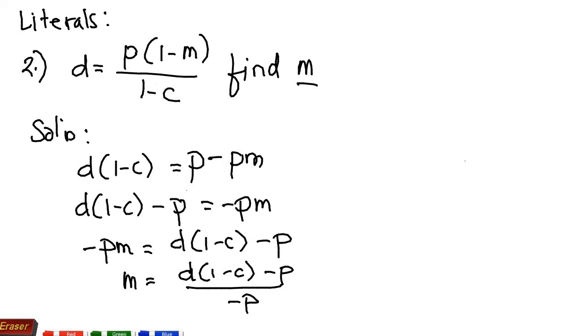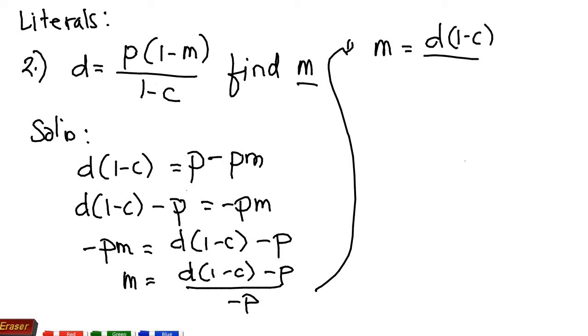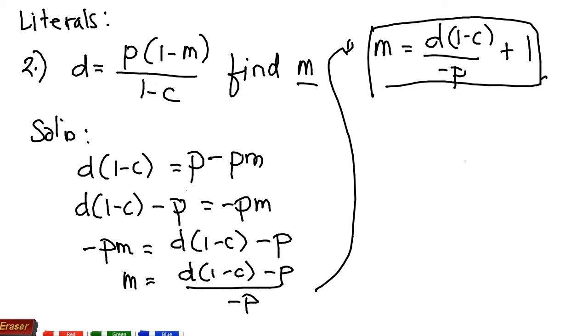If your answer is like this, then that will be accepted, or you can have it simplified this way. So m therefore is equal to d, then you have 1 minus c all over negative p, okay, and then plus, of course, negative p divided by negative p, that will become positive 1. Okay, so you can have this as your final answer.